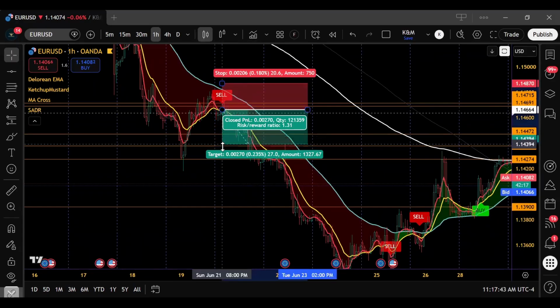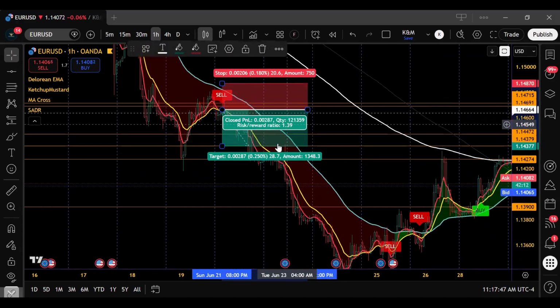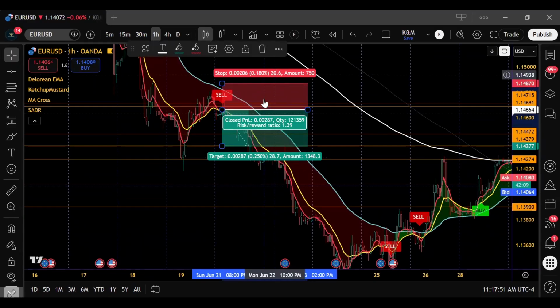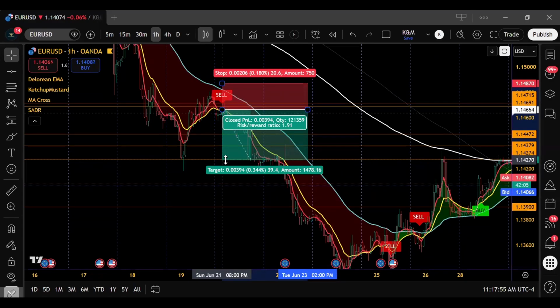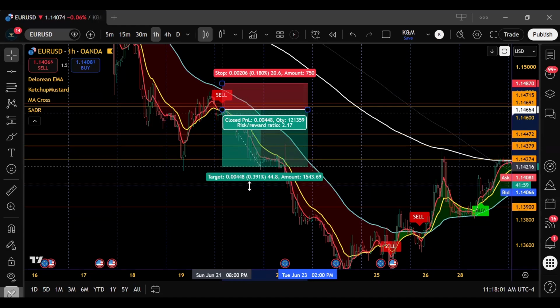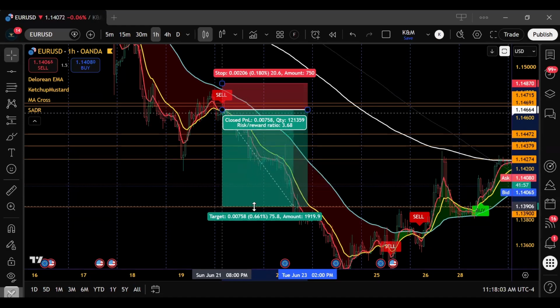So now I want to take it to the next trade zone. Well, now we're at a 1.3 risk to reward ratio with a 28 TP with a 20 stop loss. Well, let's go down to the next one. Now we're at 39 pips for our TP. And if I go down to this one, we're at 76 pips.